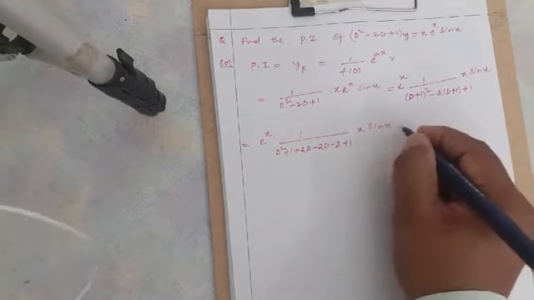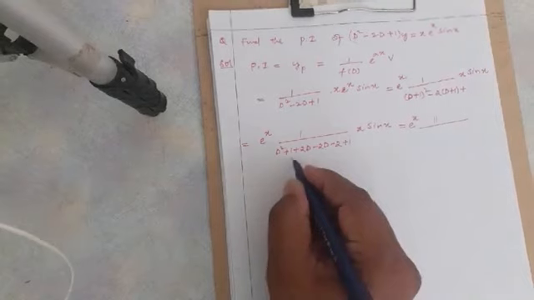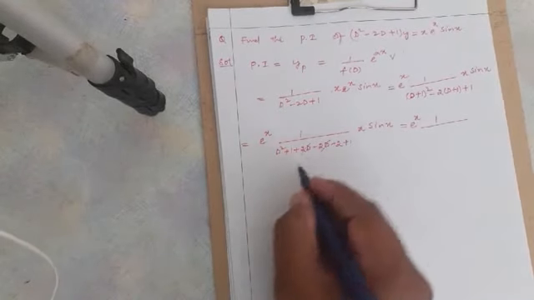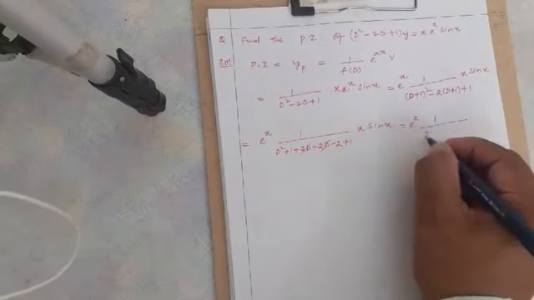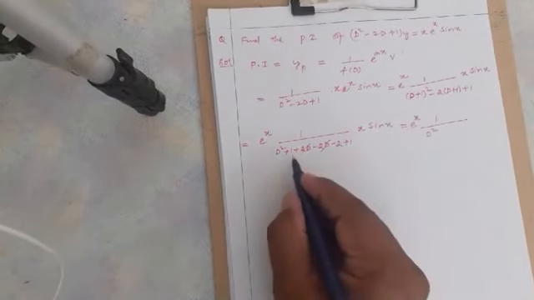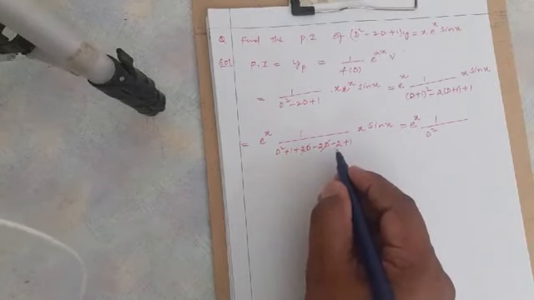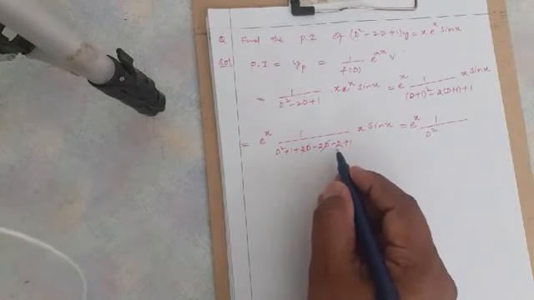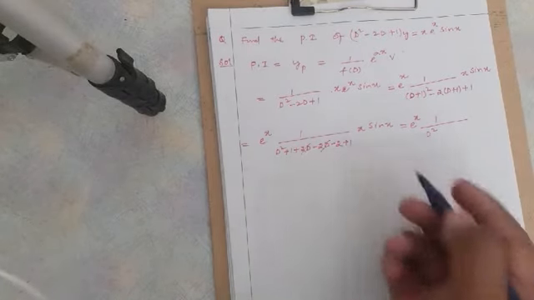Okay. Now this is equal to e power x 1 upon, now you can see here the 2d cancels, and the term that will remain is d square. Now 1 minus 2 plus 1 gives minus 1 plus 1, which cancels, right?